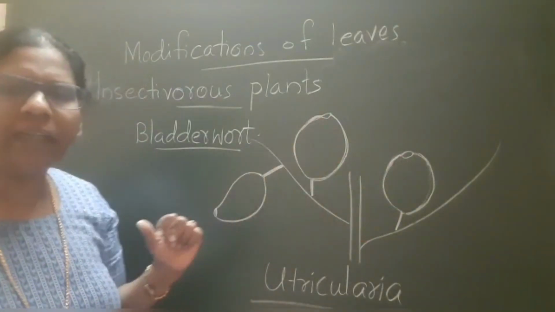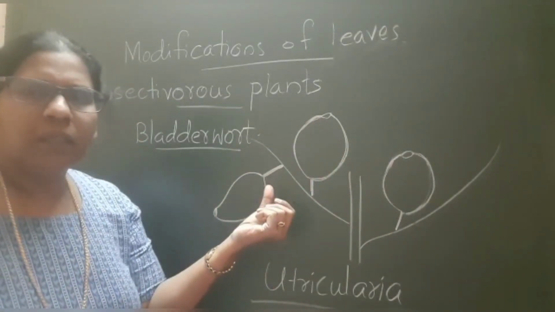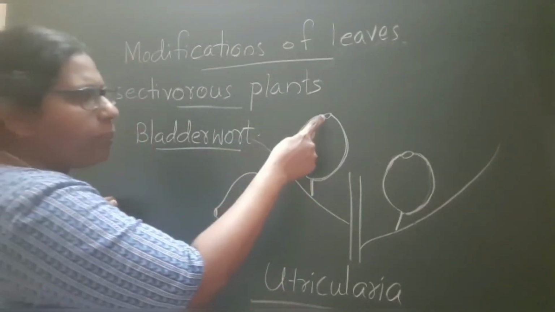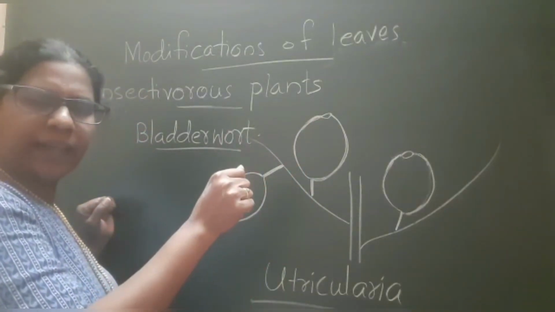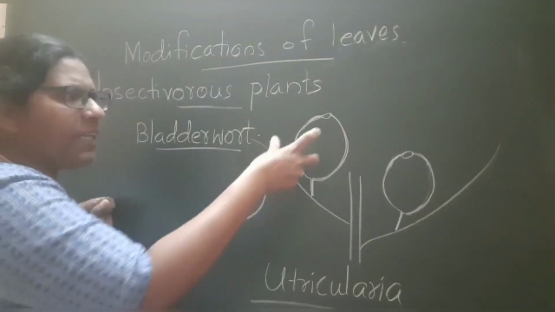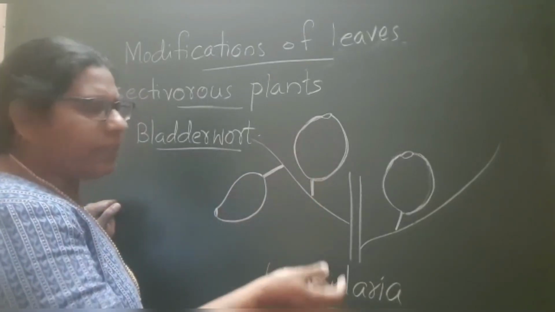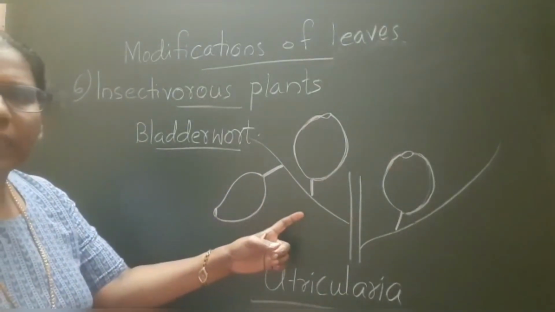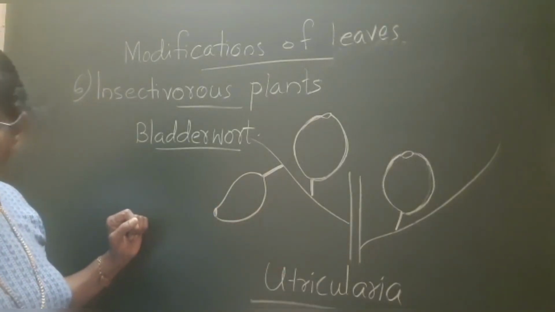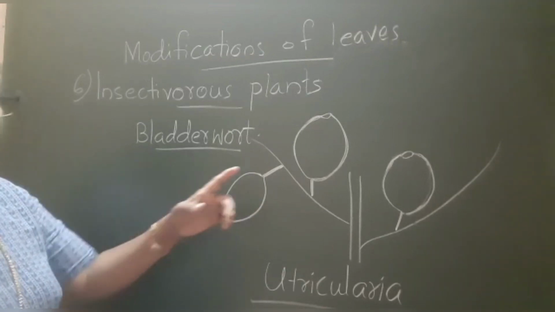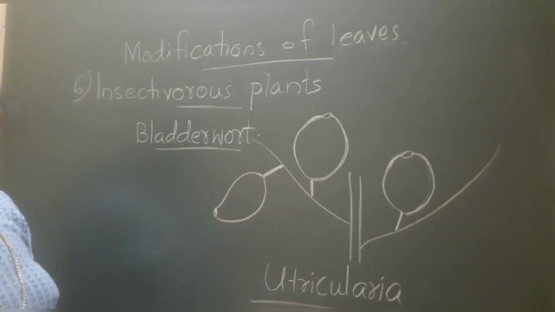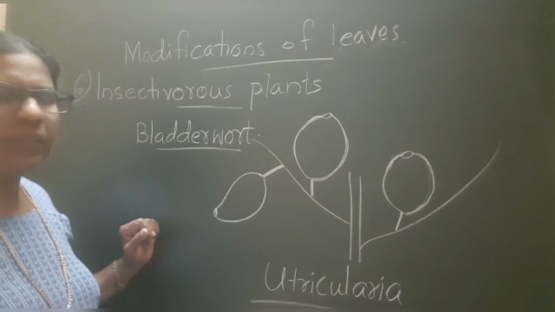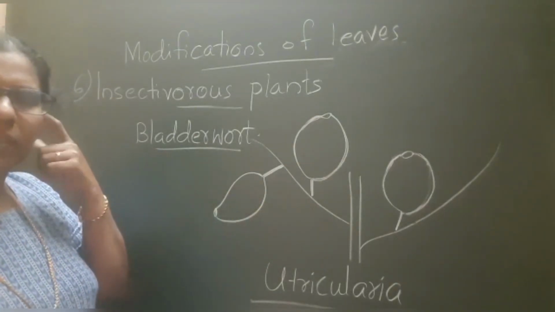It looks like a bladder or a sac. When insects come, they go inside through that opening, and with the help of enzyme, it digests them. This is also one of the insectivorous plants. For its growth, it does this. That is how this plant grows.